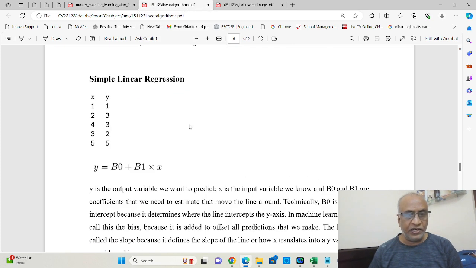So simple linear regression relationship is given in this form: y is equal to b0 plus b1 into x. Y here is the output variable which is to be predicted, and x is the input variable. Here b0 and b1 are called the coefficients.